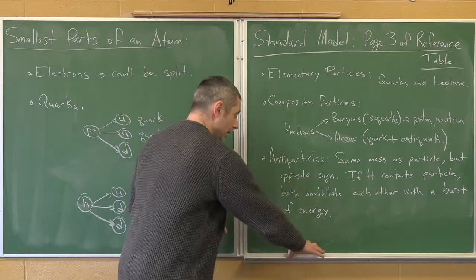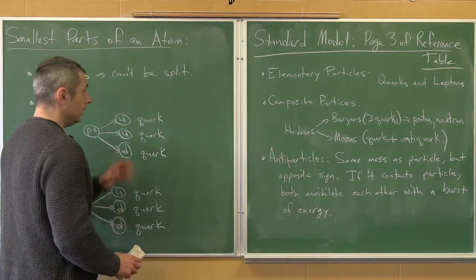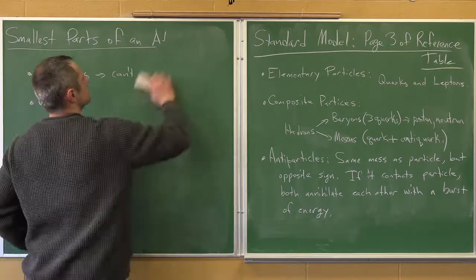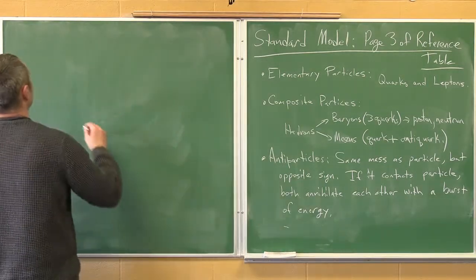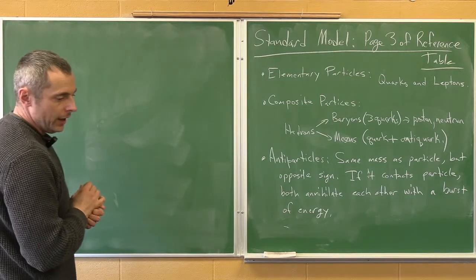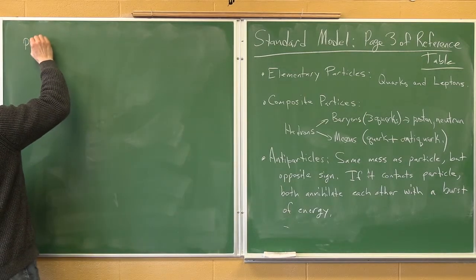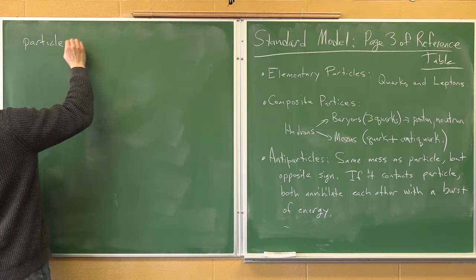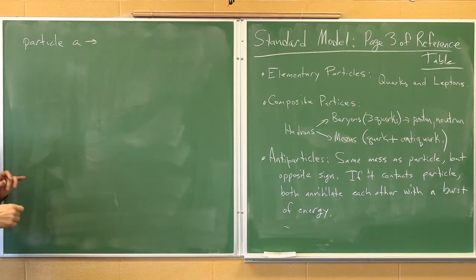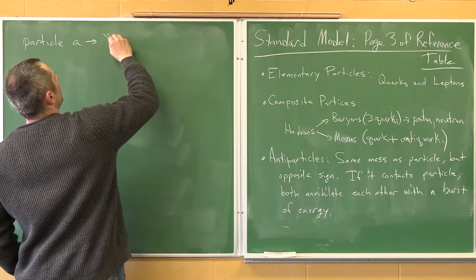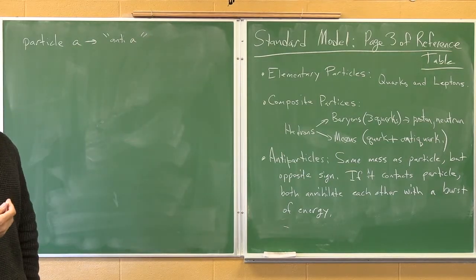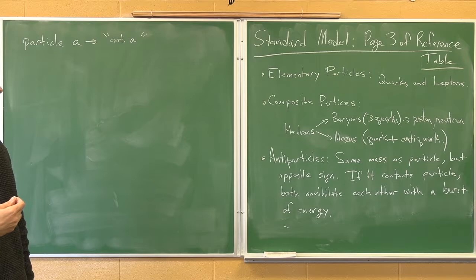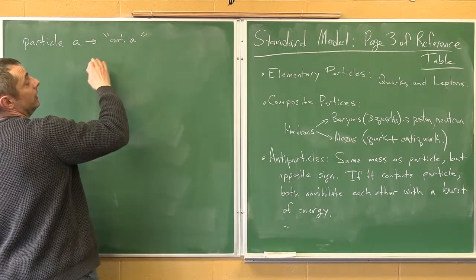So let me write out some examples here, but let me make some room first. Let's suppose we have a particle and its symbol is A. The antiparticle of A, we would just put the word anti in front and say anti-A.